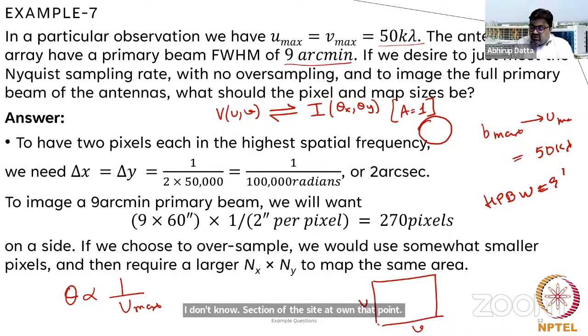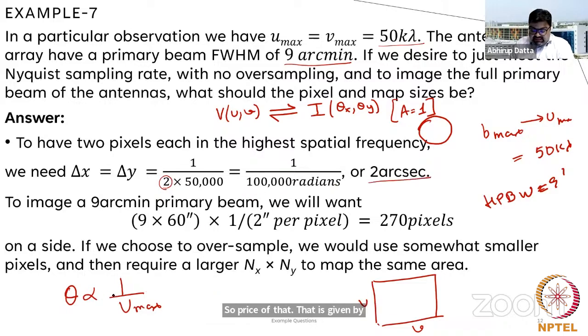So, okay, let's go back. Umax we know is given by 50 kilo lambda, so 50,000, and twice of that because you are doing Nyquist. That gives 2 arc seconds.